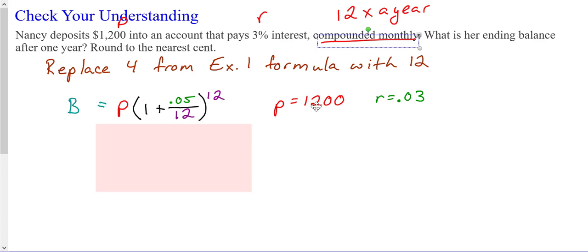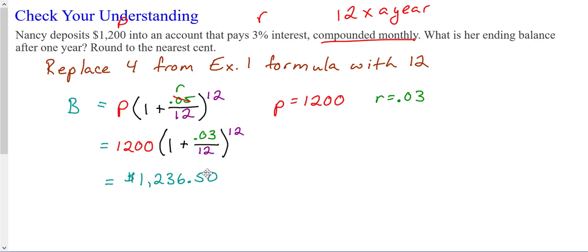Remember that this top part represents our rate. So we would replace our principal with 1200, our rate with 0.03, and then we calculated it out, and our ending balance to the nearest cent is $1,236.50.